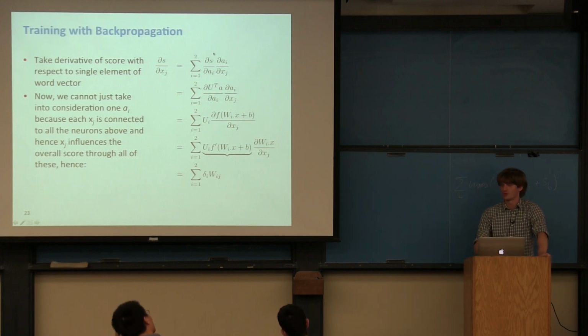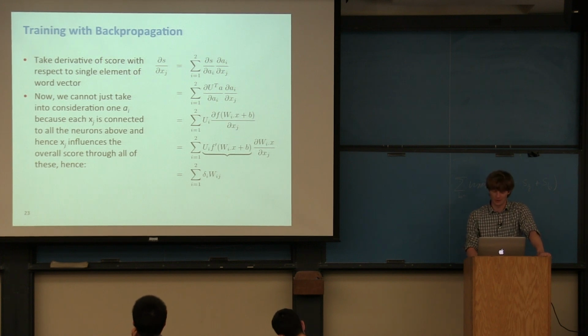And now we again will just write out our definitions from our neural network function. So s was just an inner product times a. And basically with respect to a_i here, that is just u_i.